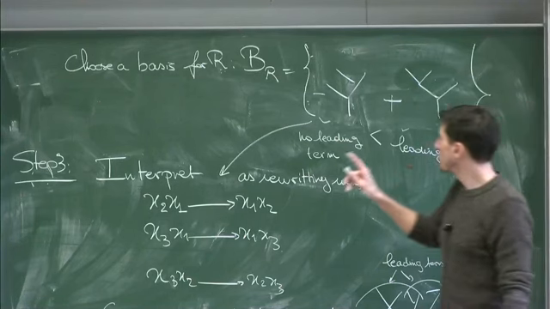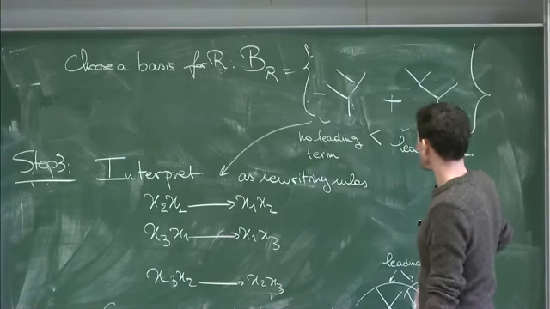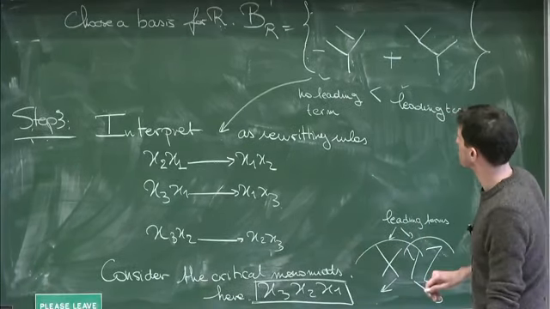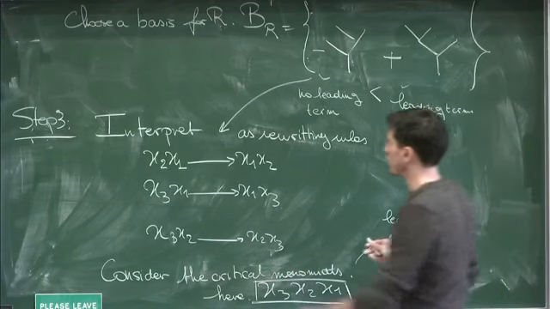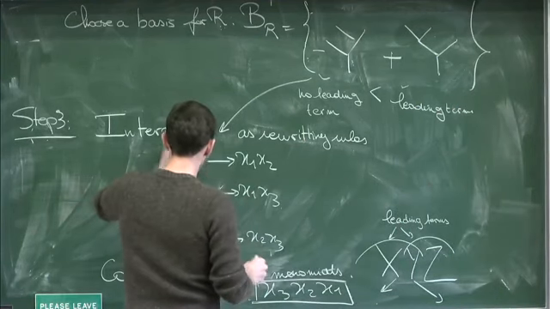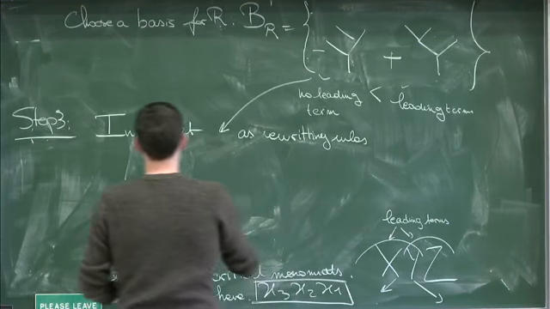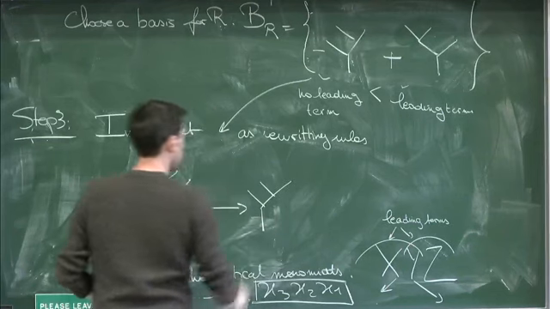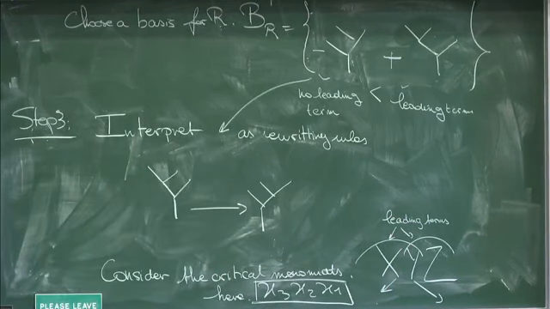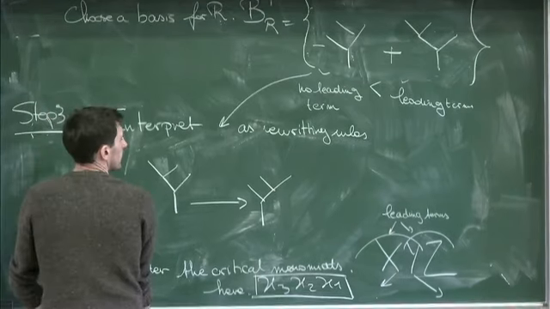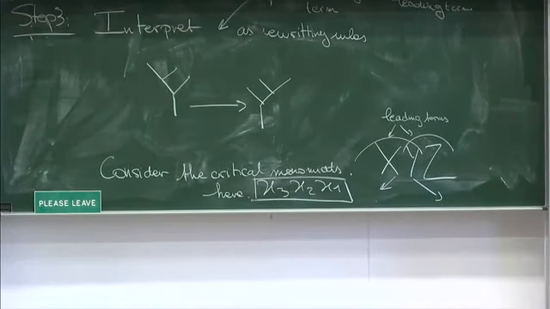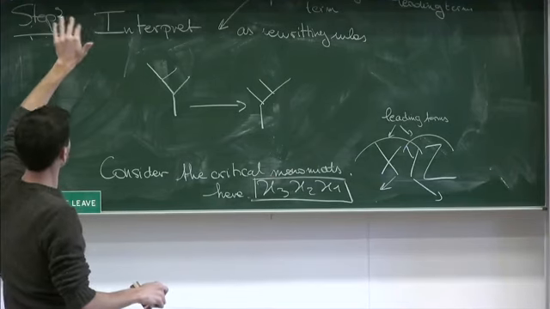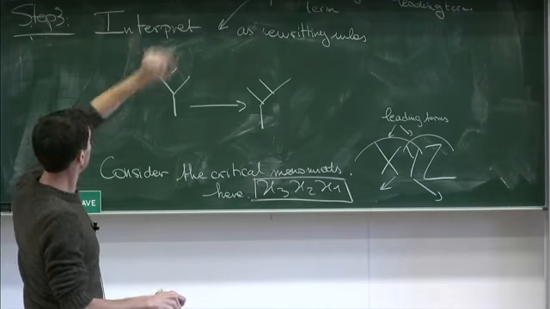Okay, now we interpret this basis for the space of relations as rewriting rules. So what is the rewriting rule here? We have just one: the left comb should be changed and give the right comb. Now we have to consider the critical monomials. So what are the critical monomials? You remember, step 1 amounts to the generators.